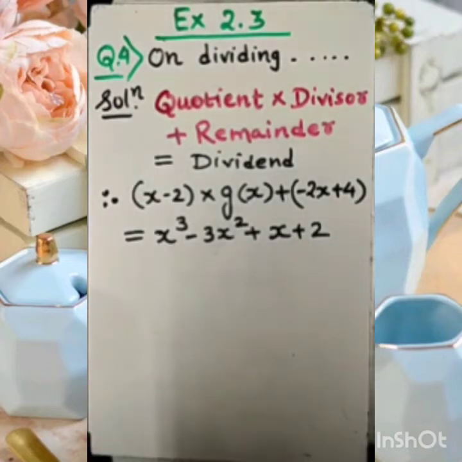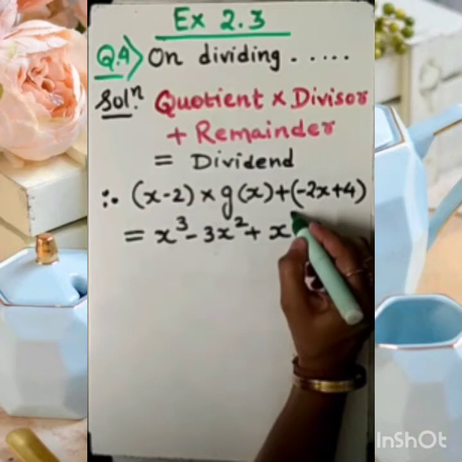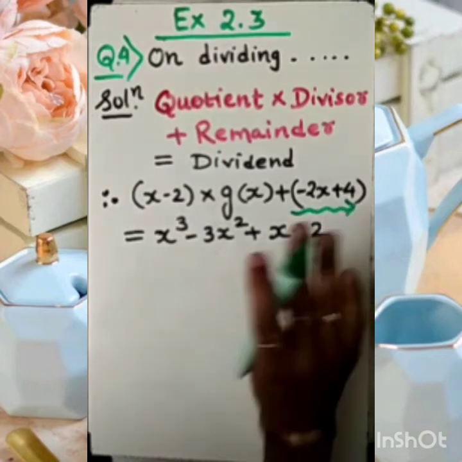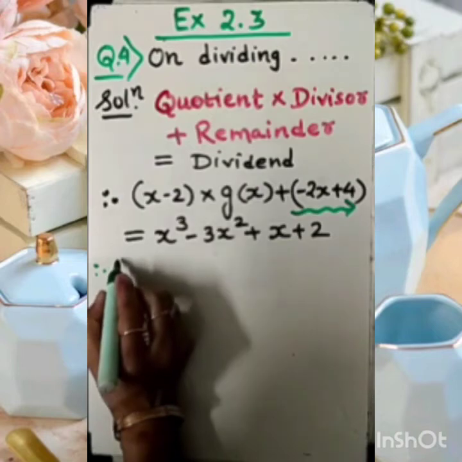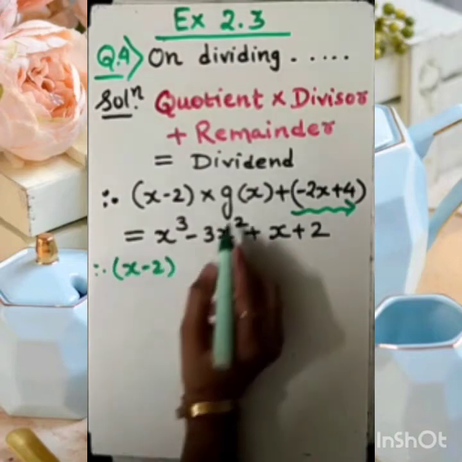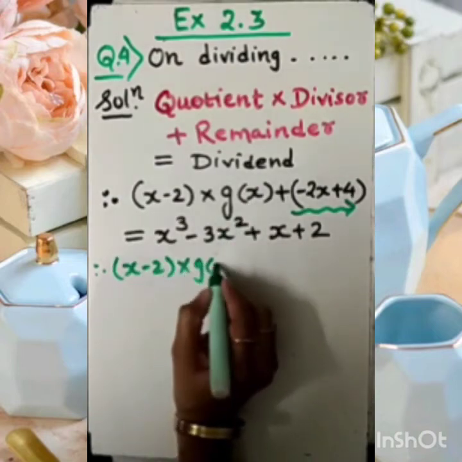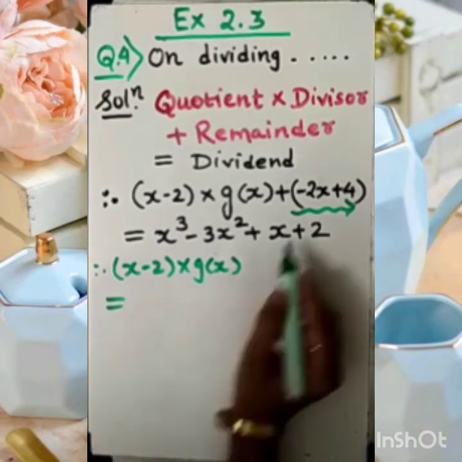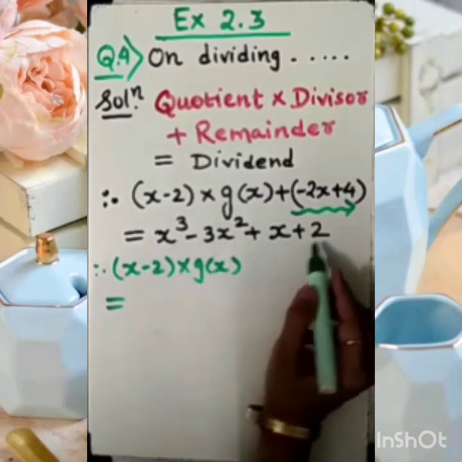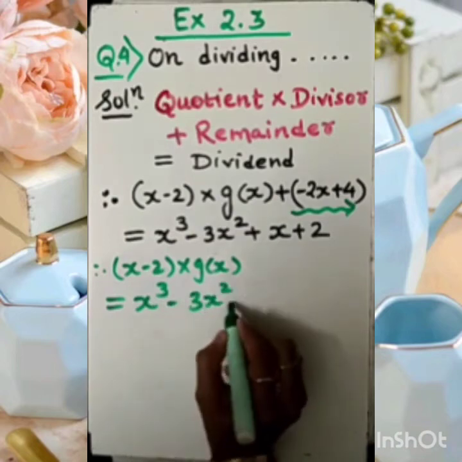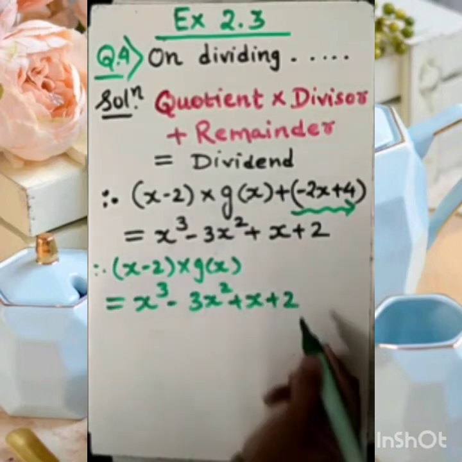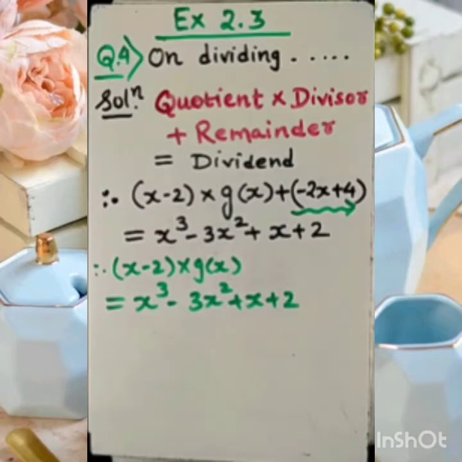So my dear student, how to work out with that? First of all, I am bringing these two terms to the right side. Then x minus 2 into g(x) will be left on this side.